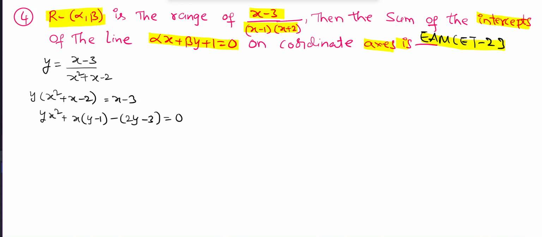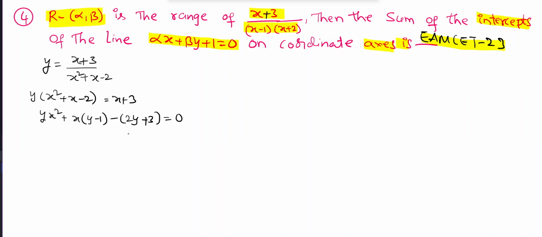Taking the terms to this side, minus 2y plus 3, taking minus common, x plus 3, minus (2y plus 3) is equal to 0.